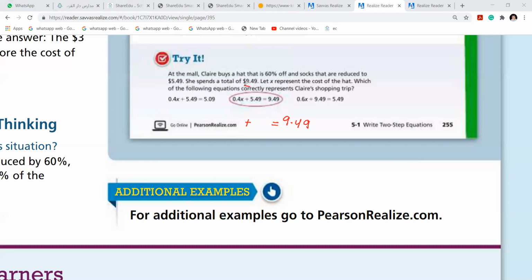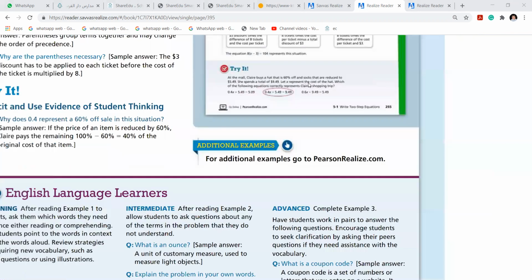It cannot be 5.49. The total is 9.49. So the second option is correct. They never gave you the 0.4, but this is just, you know, we take an idea that the total cost is 9.49 and we check here and we get the answer. Because here they did not give you anything.